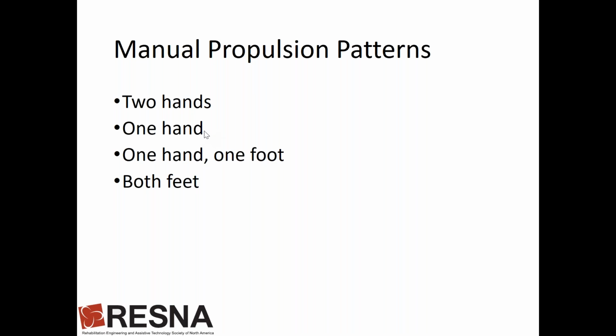You can have a brain injury that does one-hand propulsion. A lot of times you see one hand, one foot, and that is more classic of a stroke. But I've had more people recently with a one-hand drive than I have probably in the past 10 years. So you only have one limb for propulsion.